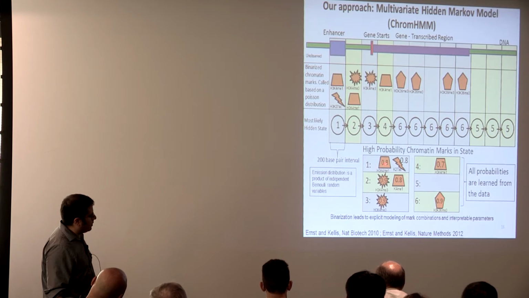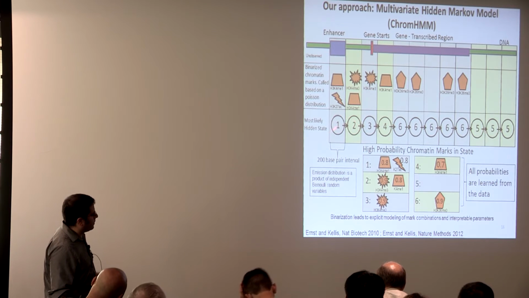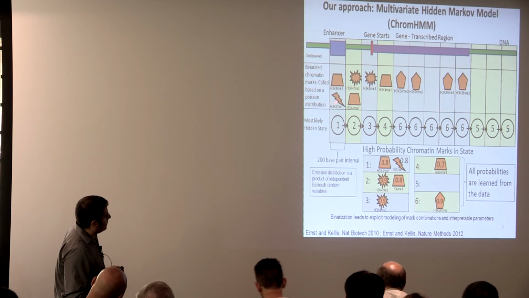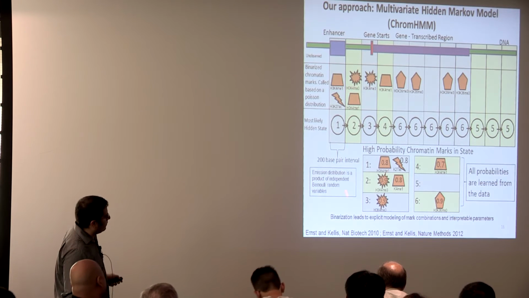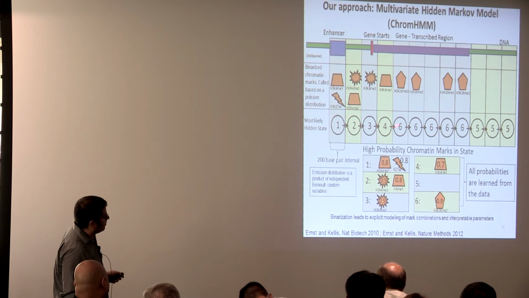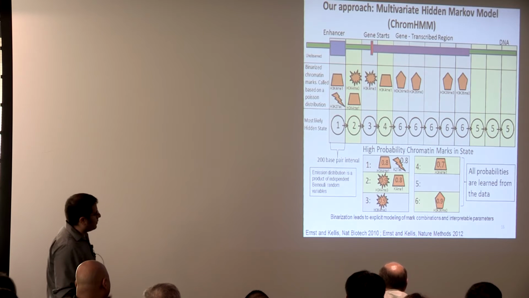So we're going to learn the probabilities for these hidden states. Depending on which hidden state you're in, you're going to have a different probability of observing different marks. So if you're in this state here, you'll have a high probability of these 2 marks. If you're in state 2, you might have a high probability of these other marks. And if you're in this state over here, you would have a high probability, for example, of this pentagon.